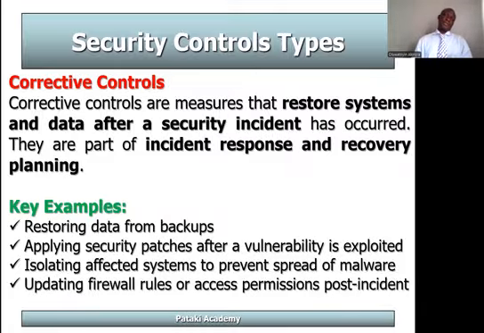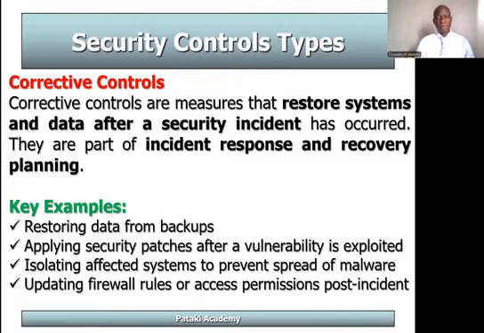Number 4 is corrective control. Corrective controls are measures that restore systems and data after a security incident has occurred. The issue has occurred, but how do you now correct what has happened? They are part of incident response and recovery planning. It will restore data from backup.